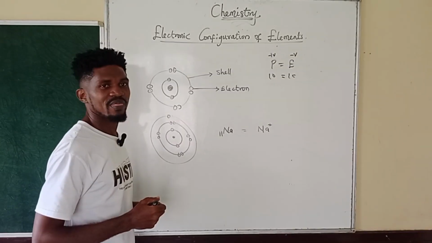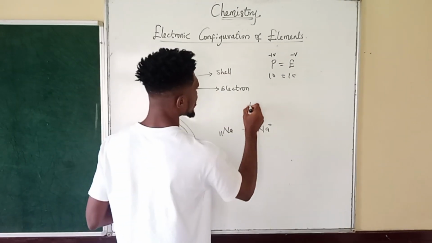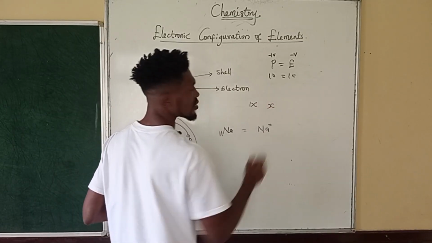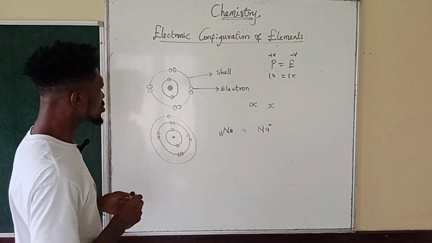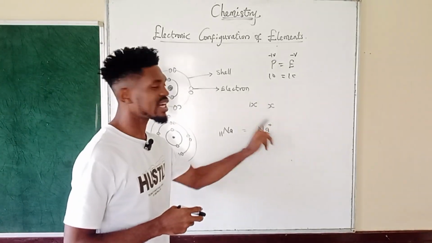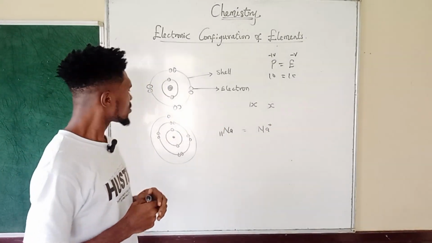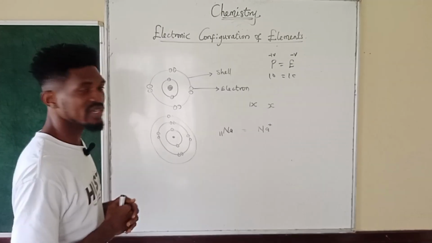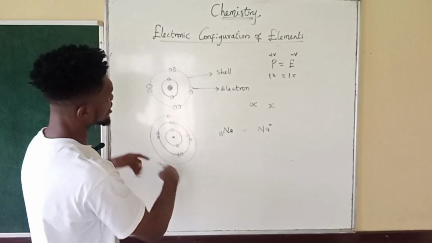1. Remember, in mathematics, we don't say 1x. Instead, we say what? x. Okay? So the same way in this one, we have just plus 1. Instead of writing plus 1, we just write plus. So the electronic configuration of sodium, this is how we draw it. Don't mind the shape. It's supposed to be a circle.